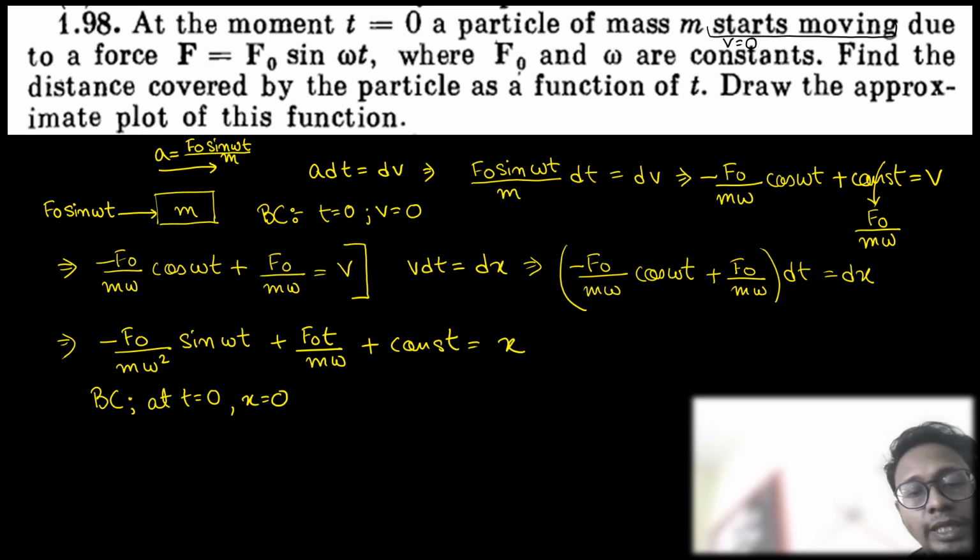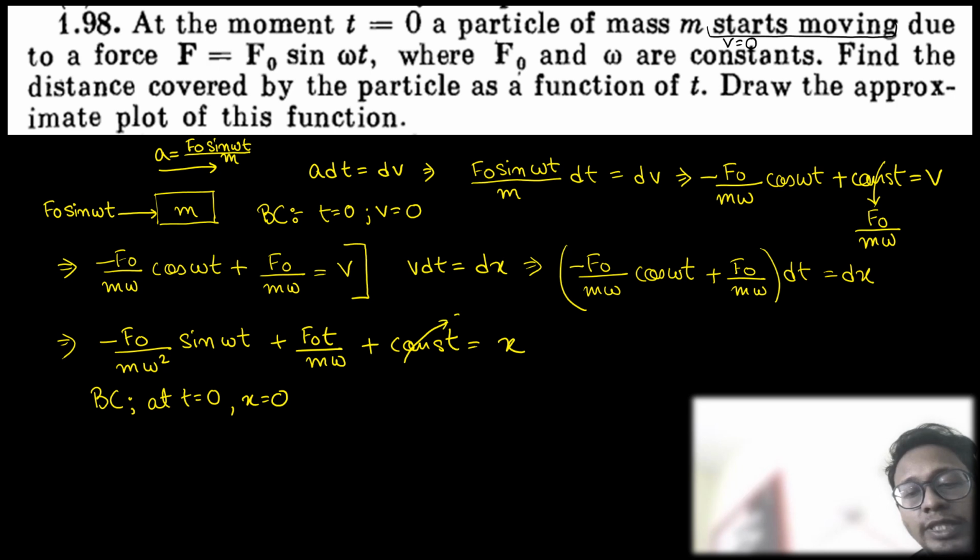If you put x equal to any other value, we'll still get the distance, since distance is final position minus initial position. So it doesn't matter. For simplification, at t equals 0, x equals 0. So if you put t equals 0 and x equals 0 in this entire equation, this term becomes 0, this term becomes 0, and x is already 0.